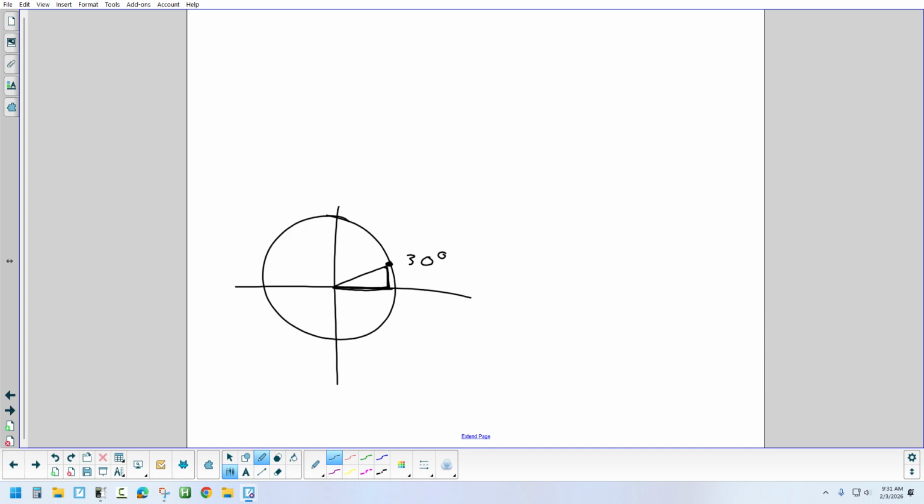The long side in the 30, 60, 90 is always what number? Square root of 3 over 2. Yeah. And the short side is what number? 1/2. So now by drawing the diagram, I can tell x is root 3 over 2 and y is 1/2. So that's my coordinate. Root 3 over 2, 1/2.